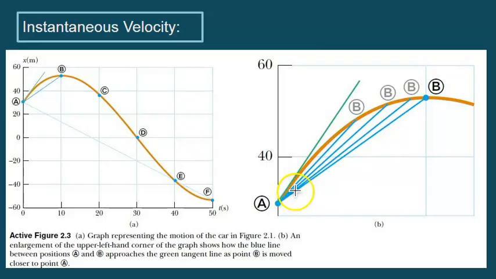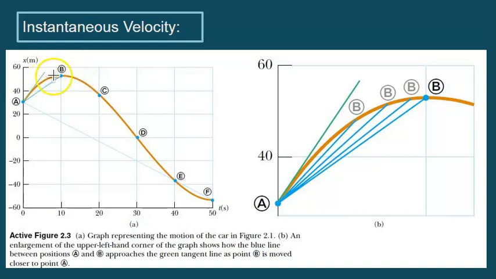And in the limit, because we're math geeks, in the limit that B and A are as close to each other as you can imagine, you get that green line, which is the instantaneous velocity.